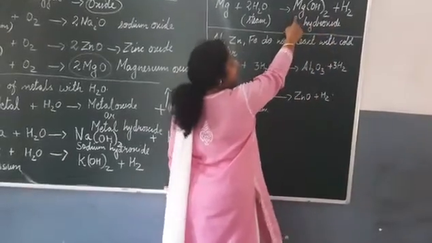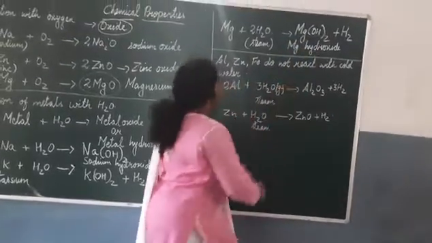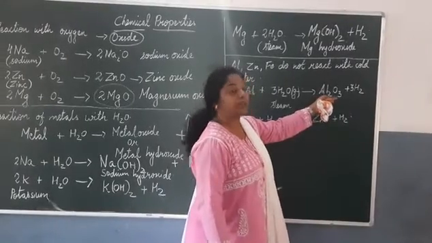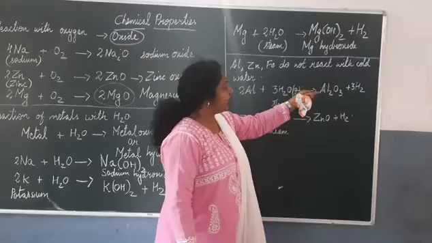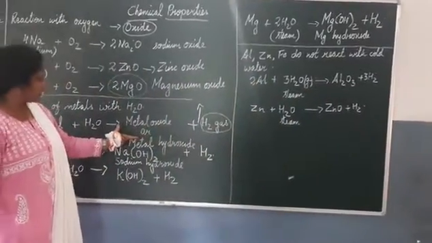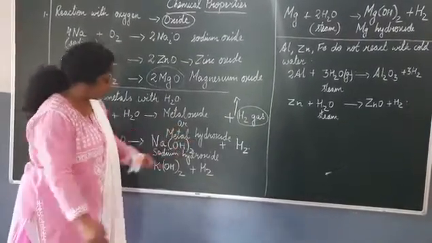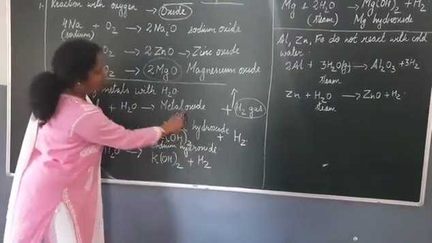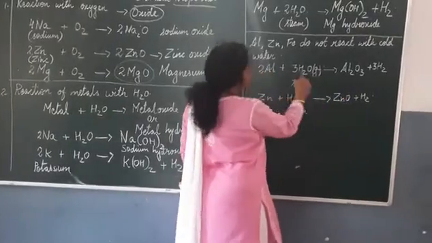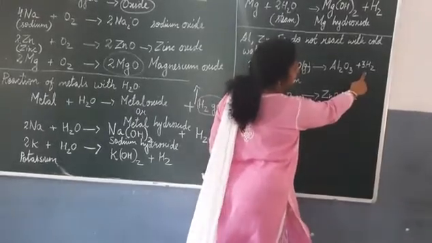Mg is magnesium, so it is magnesium hydroxide. Here there is no OH, so it is not forming hydroxide, it is forming the oxide. I told you in the beginning itself, metals when they react with water will form either hydroxide, OH group, or metal oxide like here. Aluminium along with water will form aluminium oxide plus hydrogen gas evolved.